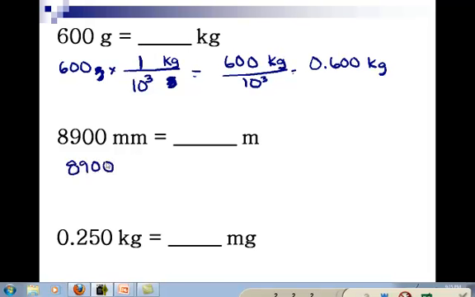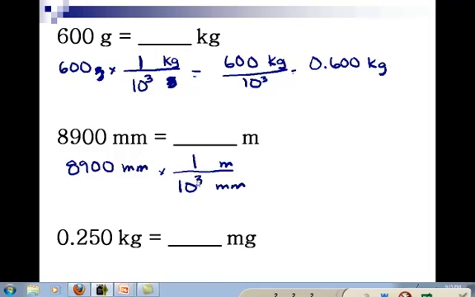Okay, so let's try the next one. 8,900 millimeters. Let's get that to meters. Millimeters is on the bottom, so I can cancel them out. What's larger, meter or millimeter? Well, meter is. How many spaces between meter and millimeter? There are 3. Now guys, I don't want any negative numbers on this part. No negative 3s, no negative whatevers.